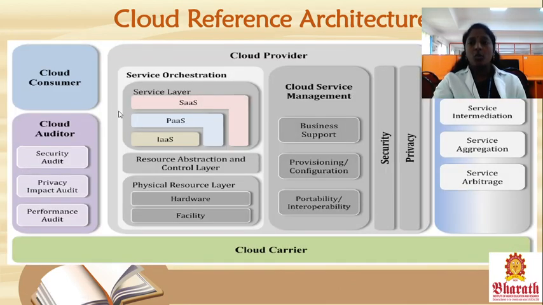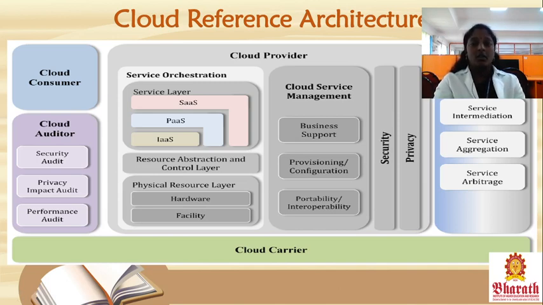And the cloud broker. The cloud broker is the one who acts as an intermediary between the cloud service provider and the cloud consumer. The consumer can contact the cloud broker, and in turn the cloud broker will get a service from the cloud provider. It is not that the consumer always should go to the broker to get the service.